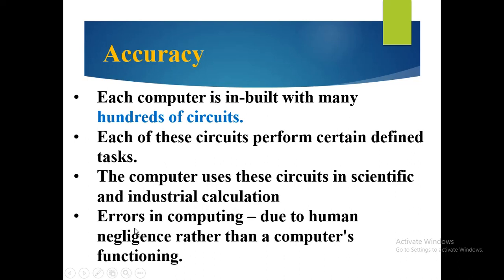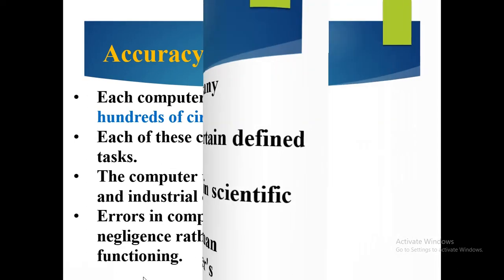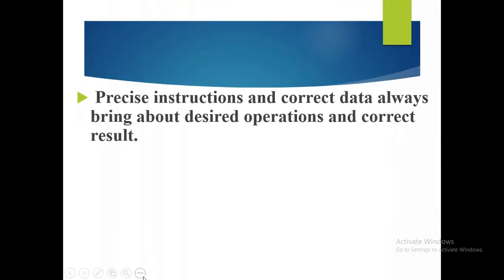Sometimes there will be errors in computing. That is due to human negligence rather than computer functioning. The error in computing is caused by human mistake, not by the computer's function.